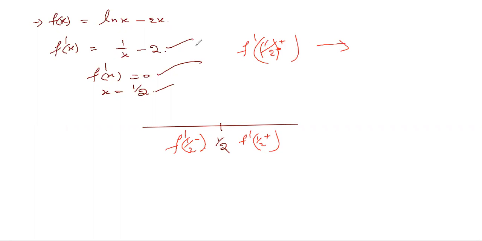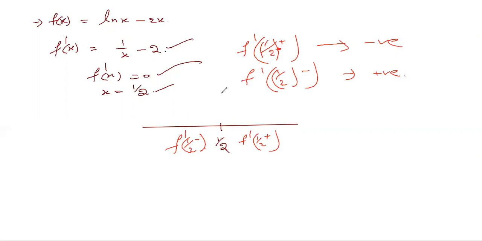What about the sign? 1 by 2 plus means more than 0.5. If you substitute here, it will be negative sign. F dash of 1 by 2 minus, what about this? 1 by 2 minus means less than 1 by 2, less than 0.5. So if you substitute that, it will be a positive sign.